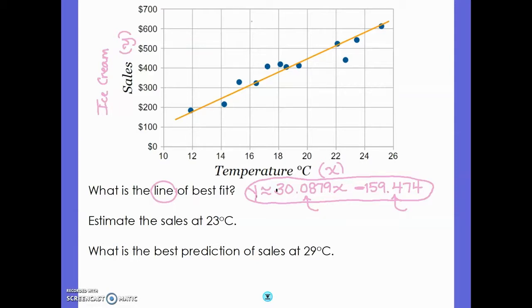Now I estimate the sales at 23 degrees Celsius. That's going to be my x value here. Temperature in Celsius is on my x-axis, so I know I'm looking at 23 on this x-axis. I can go up to my line of best fit and predict if you want to do it that way, but the best prediction is going to come from writing this equation.